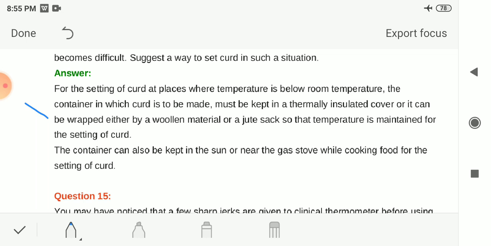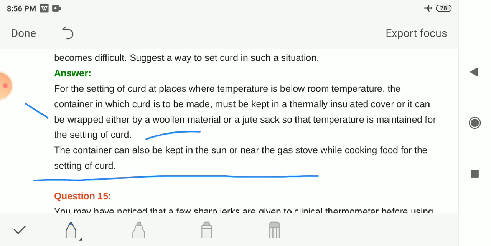Similarly, for setting curd, we have to cover the container, bucket or utensil with woolen cloth or a jute sack to keep it thermally insulated, so that heat does not escape from the container to the surroundings or from the surroundings to the container.